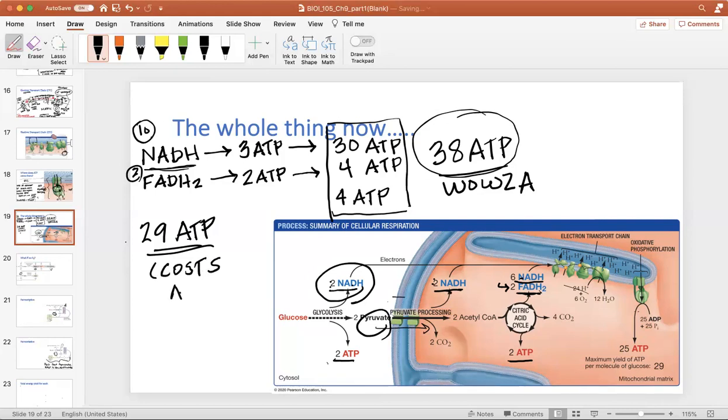Costs ATP to shuttle molecules into the mitochondria.